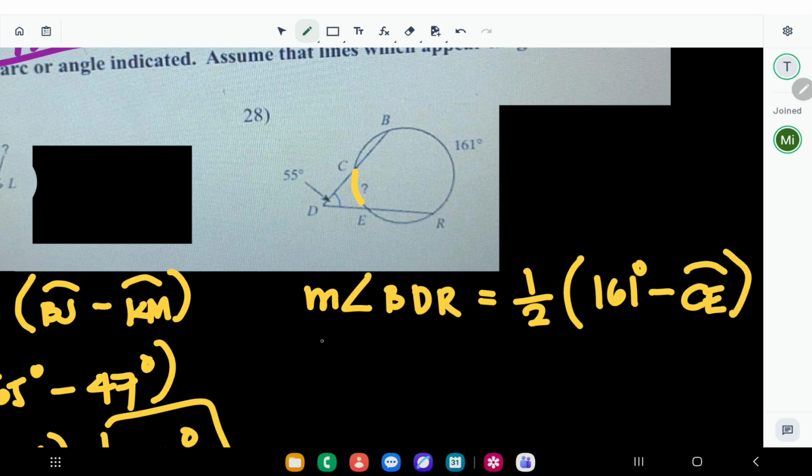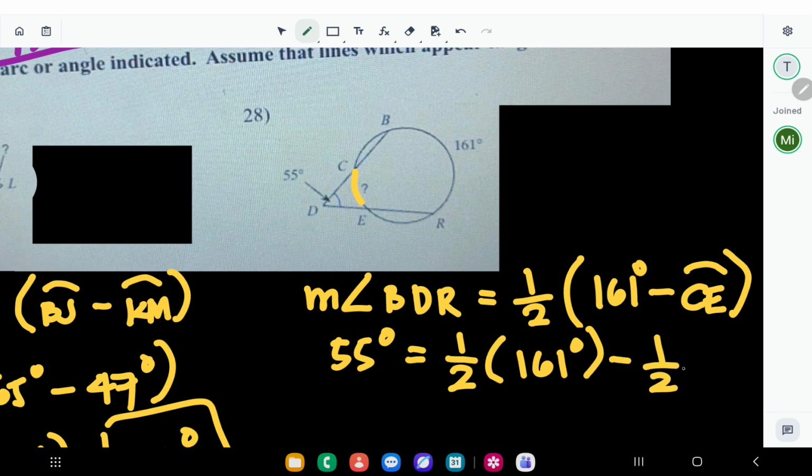So we're given the angle, which is 55 degrees. This is 1/2 times 161, okay, 1/2 times 161 degrees minus 1/2 times CE.